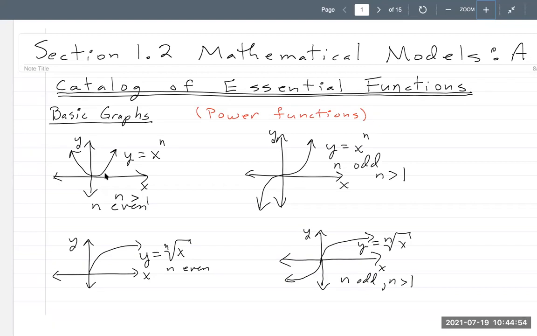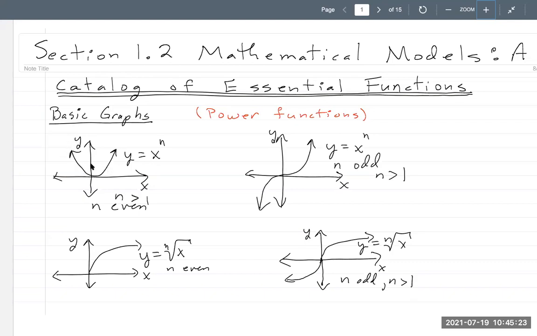So the graph of power functions first. The graph of y equaling x to the n, where n is a natural number greater than 1 and some even natural number. Well, if I have the graph of y equal x squared, it looks like some parabola.